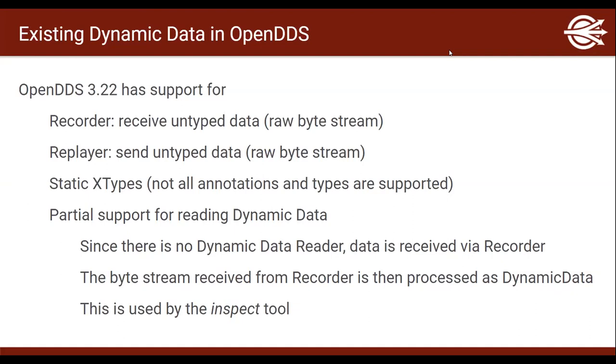Static XTypes is basically our current normal typed IDL and the mapping from that IDL, with support for all that. And that includes the extensibility and the support for immutable types. We do have partial support for dynamic data for reading, but that's only really for the recorder.